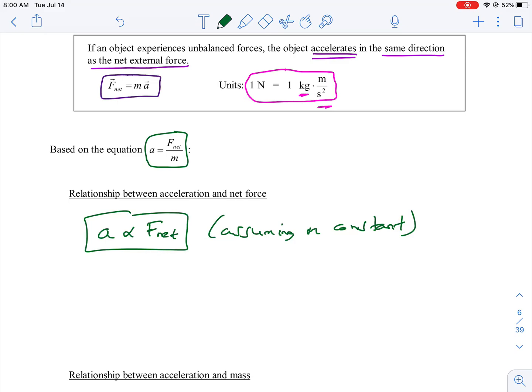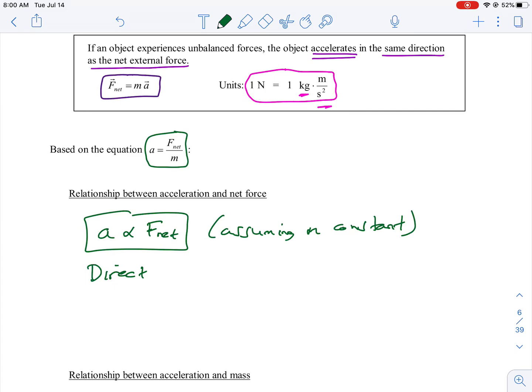So this represents a direct relationship between these two variables. So in a simple way, the bigger the F net, the bigger the acceleration on the same mass. That should make sense. If you apply more force, you should get more acceleration.